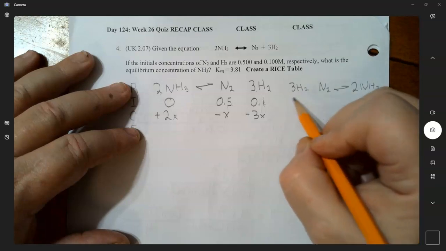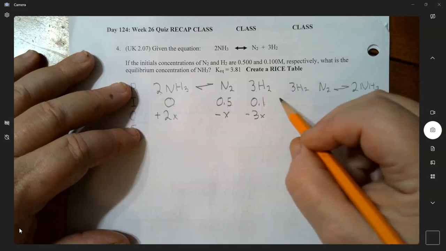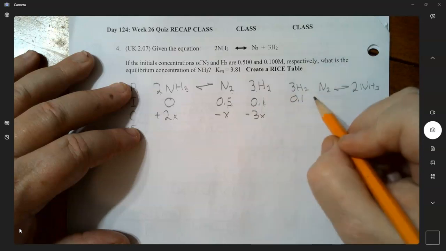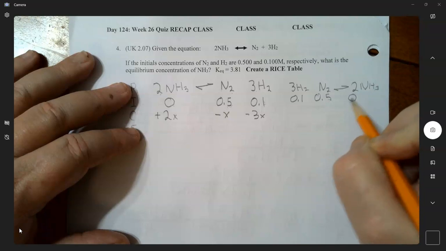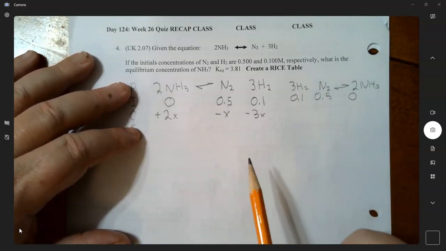I wrote this in reverse, but the 3H2 is 0.1, and the N2 is 0.5, and this is 0. So you can do it so it looks a little more like a normal reactants to products reaction.